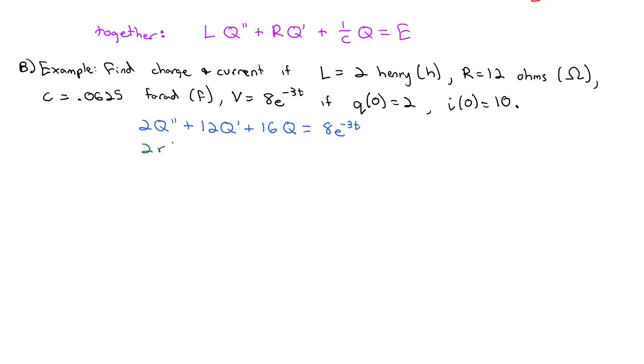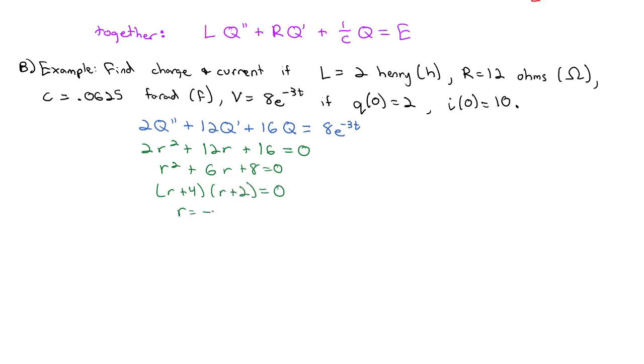First, the characteristic equation is 2r squared plus 12r plus 16 equals 0, looking at the homogeneous case. Dividing everything by 2, we get r squared plus 6r plus 8 equals 0, which gives us r plus 4 times r plus 2.